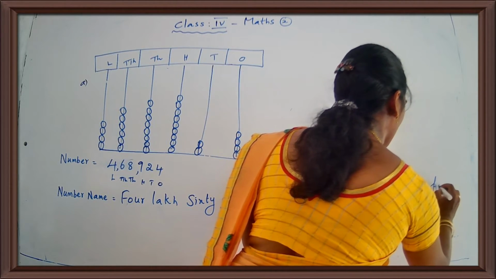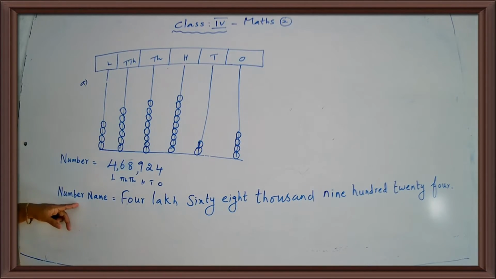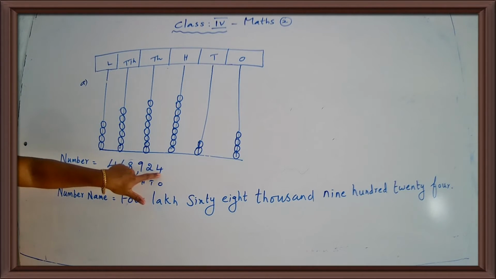Okay, so your number name is 4,68,924. Okay, children, do you understand?